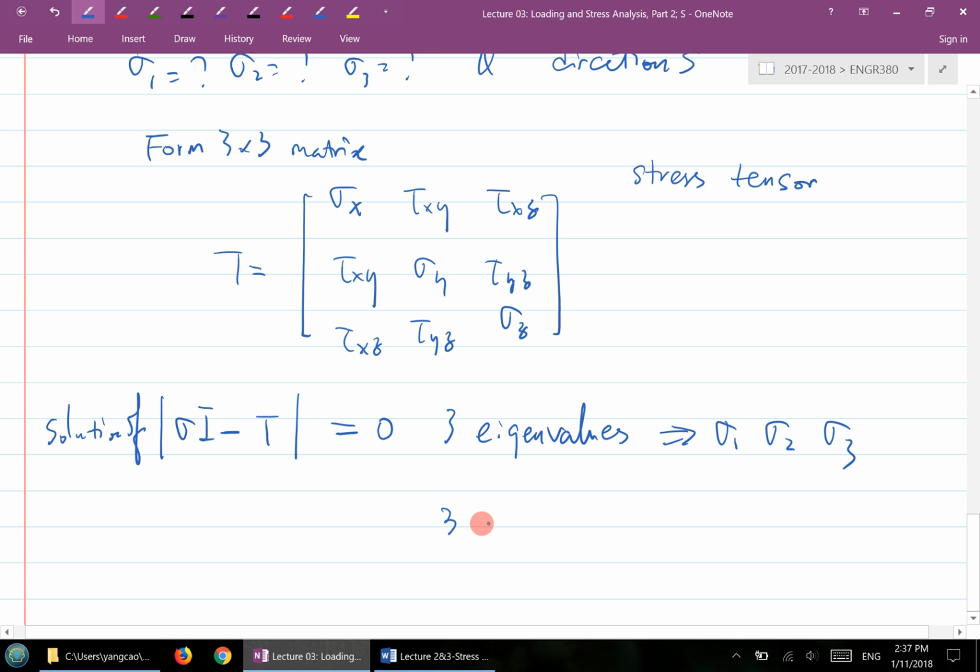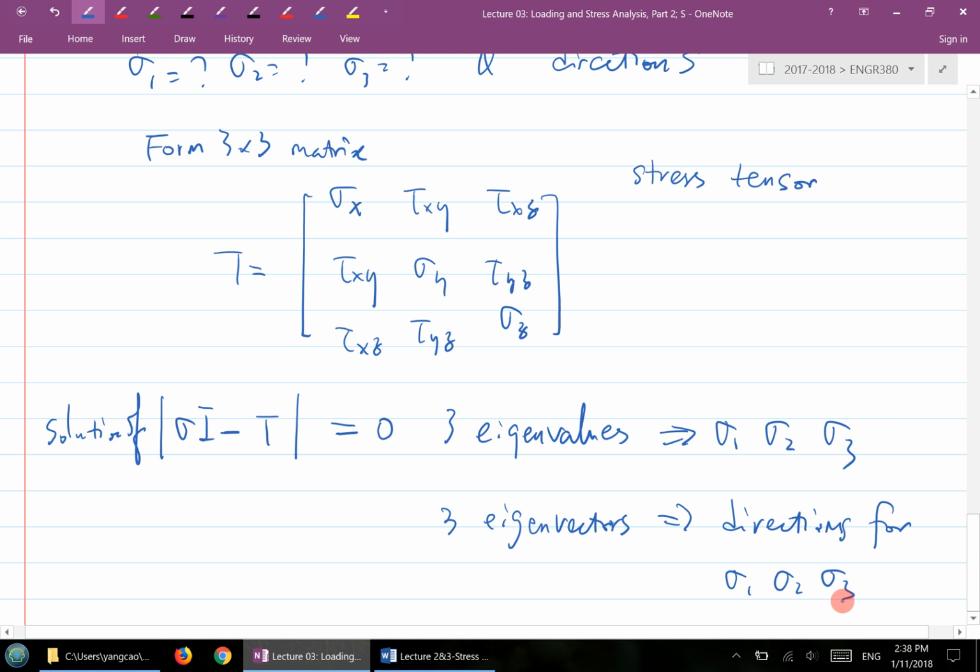Then you can calculate three eigenvectors corresponding to the three eigenvalues. That gives you the directions for sigma 1, sigma 2, and sigma 3, because you get three vectors, whose directions correspond to the sigma 1, sigma 2, sigma 3 directions.